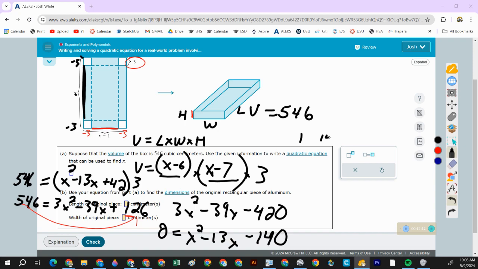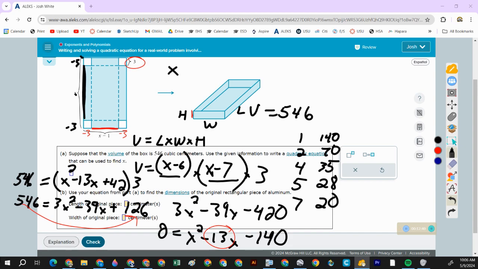So 1 and 140, 2 and 70, 3 doesn't work. 4 and 35, 5 and 28. Okay, I'm trying to get a 13. 6, 7, and 20. There it is.